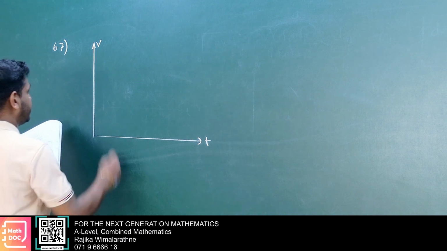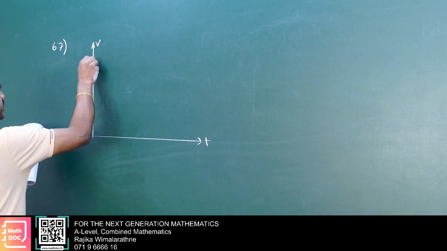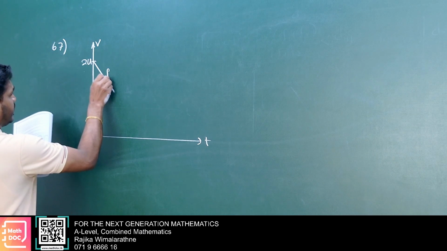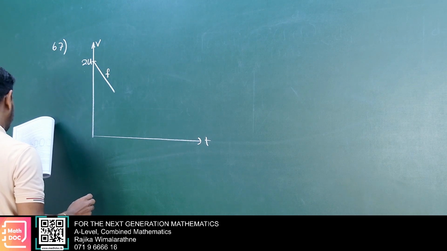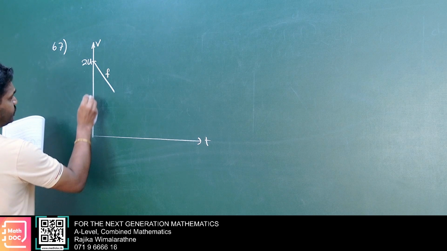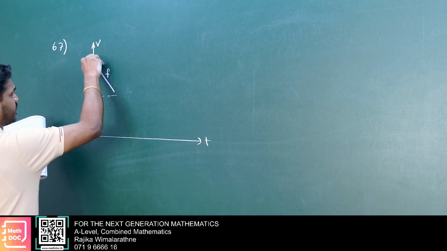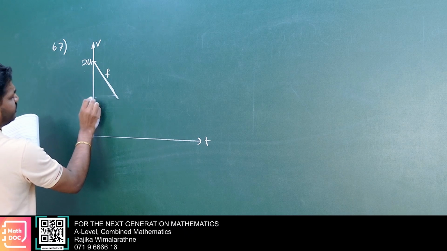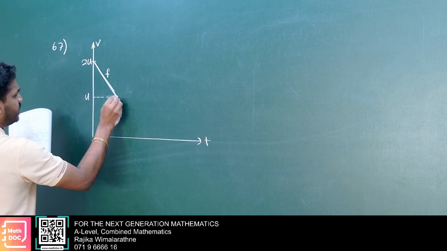F and speed 2u. Here retardation F and it decreases to u. Then it maintains the velocity.